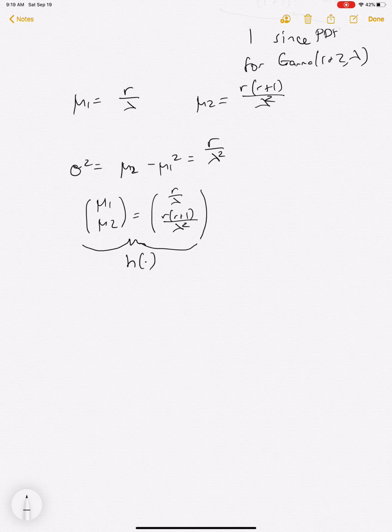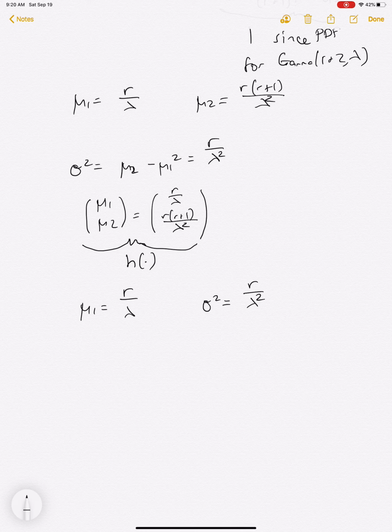Now, if we want to invert this expression to get r and lambda by itself, I think it helps here to use the sigma squared that we have here. So we know that mu1 equals r over lambda, and sigma squared. We're going to be using mu2, the second moment, through sigma squared.